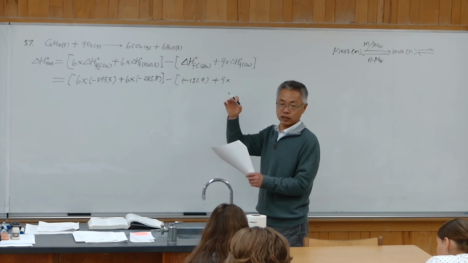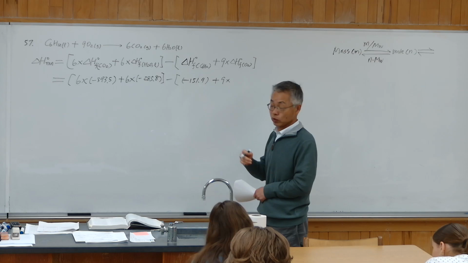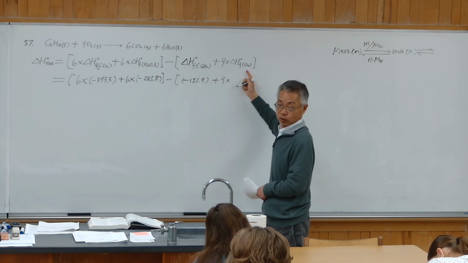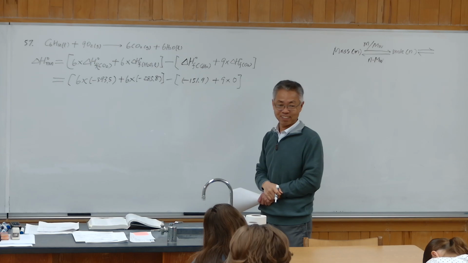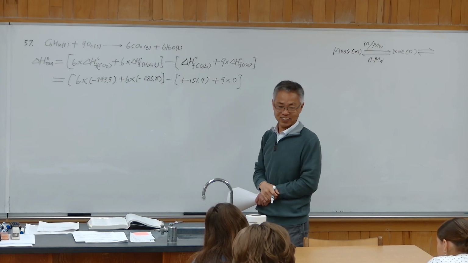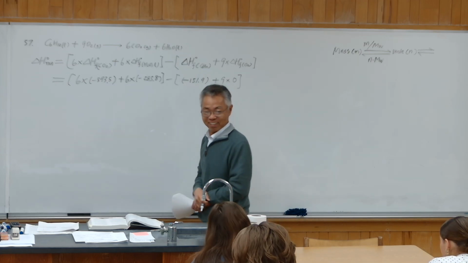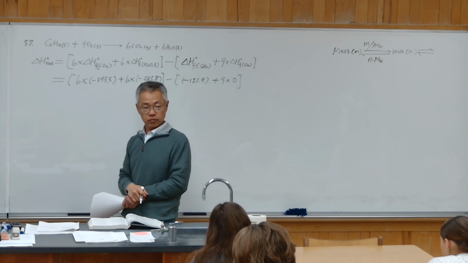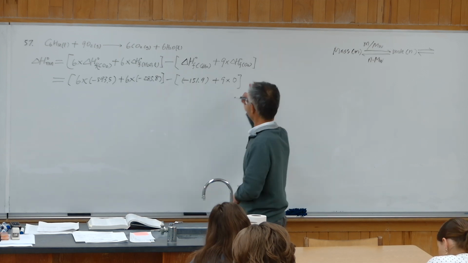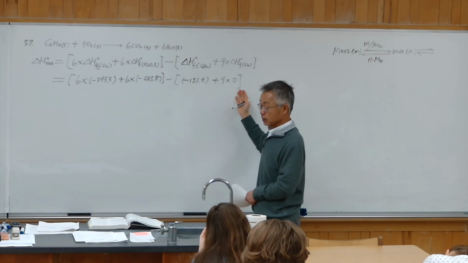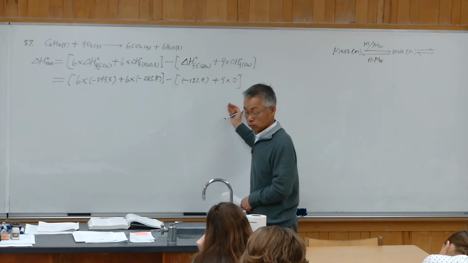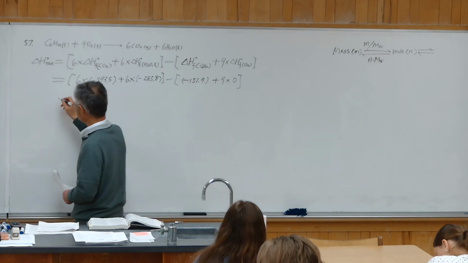Of course, you can take a look at the table. For me, I don't even need to look at the table. This is a free element, right? It's 0. A free element in its most stable form is 0. So O2 is the most stable form. If it were O3, no. That's the second step. For the rest, just give the answer.